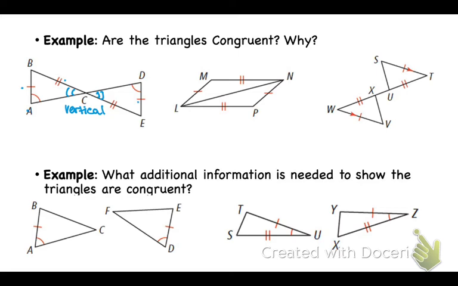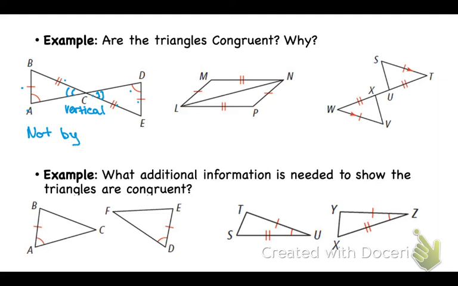No, because these are different. We have side, side, and we still have side, angle, but I don't have the other side yet. So not yet congruent, right?